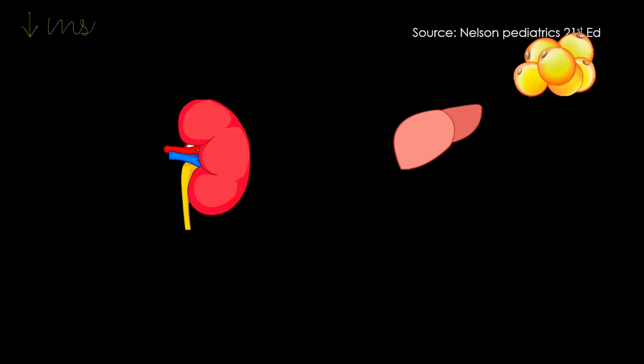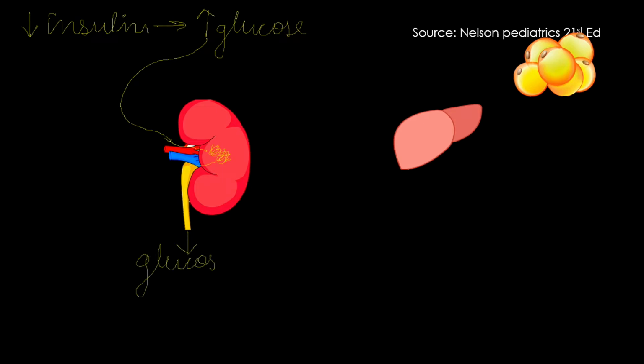So there is decreased insulin level in the body, which ultimately leads to increased glucose. This increased glucose then passes on to the kidney, where when the threshold is exceeded above 180 mg per deciliter, it comes out in urine in the form of glucosuria. This ultimately causes osmotic diuresis.